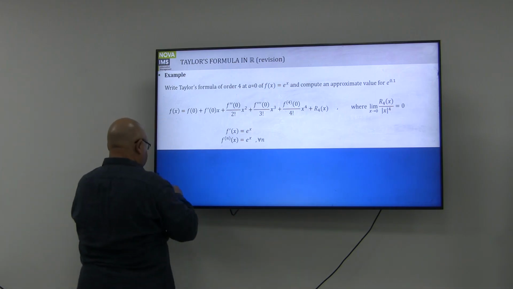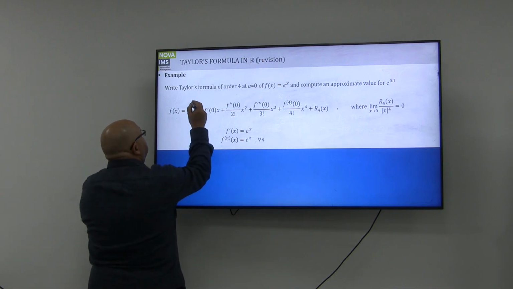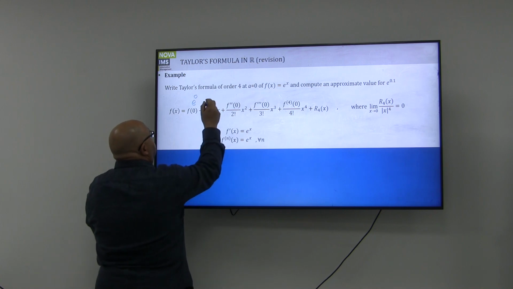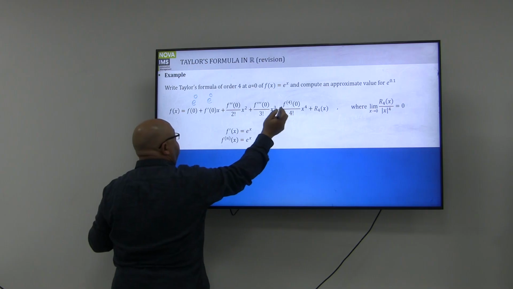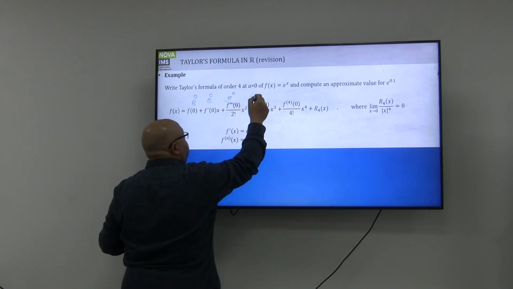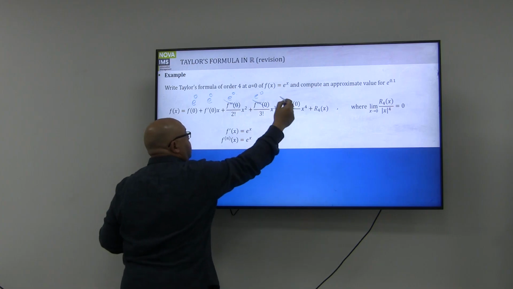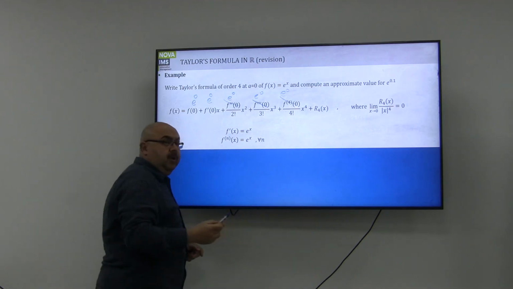So all we have to do is make a simple substitution. This is going to be e to the power of 0, which is 1, and so on for all of them. So f double dash will be e to the power of 0, f triple dash e to the power of 0, and so on, all of this e to the power of 0 till you reach e to the power of n.